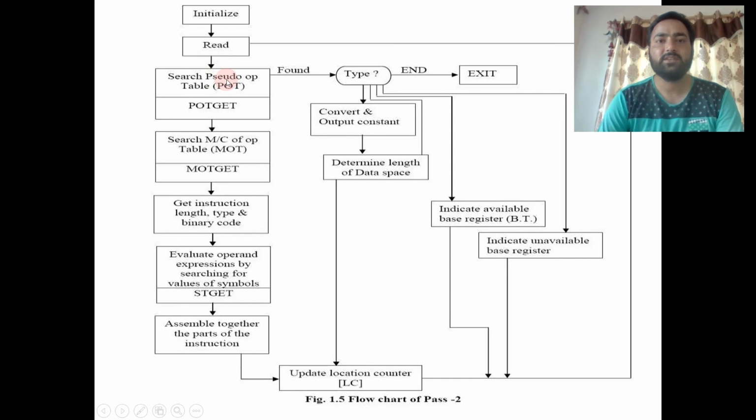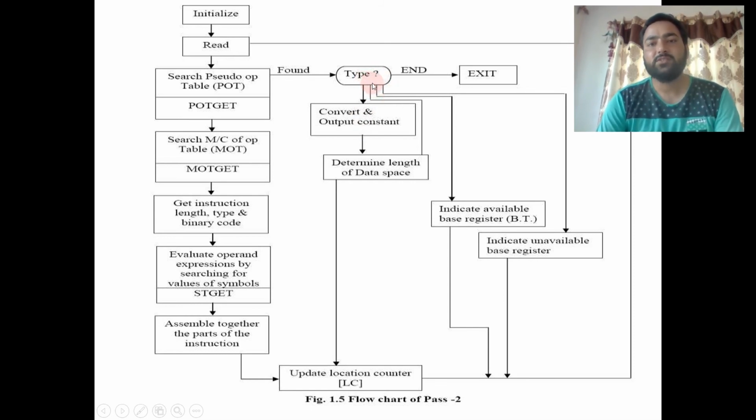If the operation is found, then we determine its type. After determining the type, we convert and output the constants, and then we determine the length of the data space used. We also determine the length of the type of the pseudo operation code.